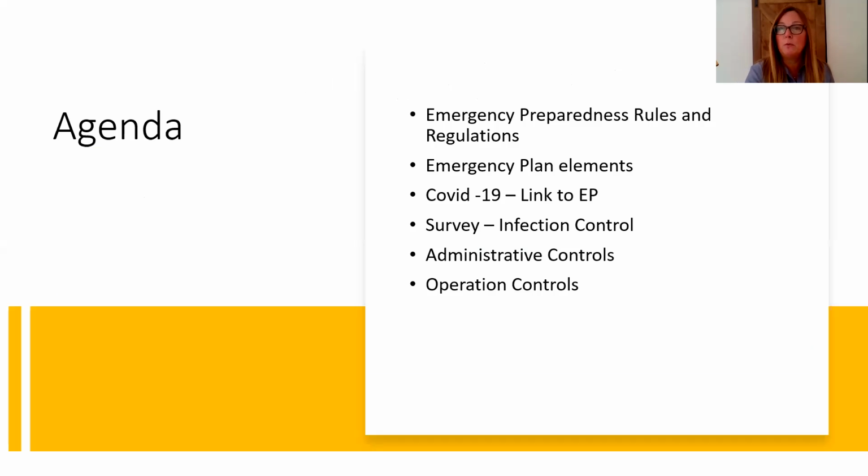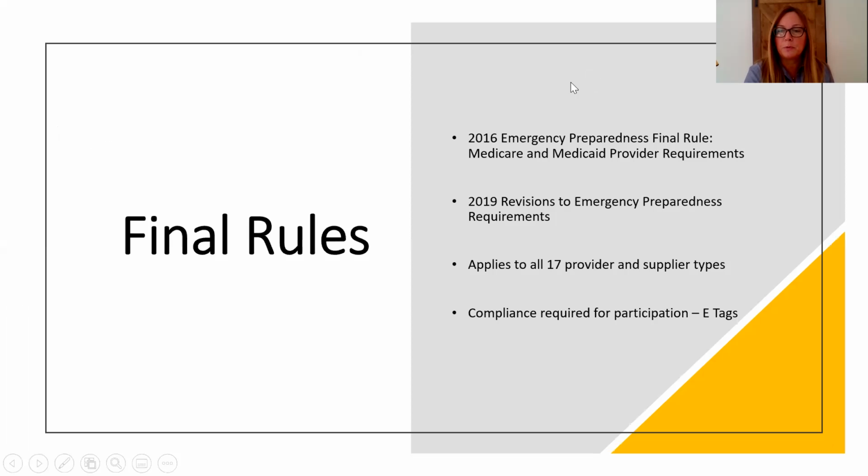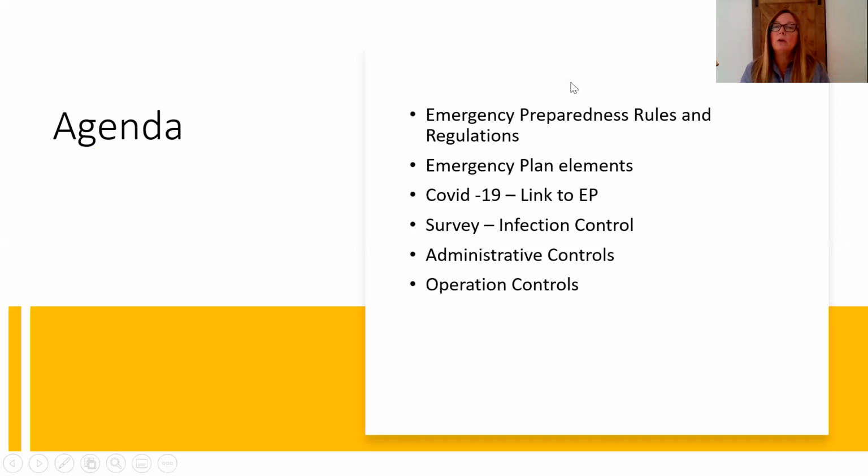So here's our agenda. We're going to start out with the EP rule. It'll just be a quick overview. And then we are going to talk about the elements of the EP plan. We'll be talking then about linking the elements and the different factions of the plan to COVID-19.